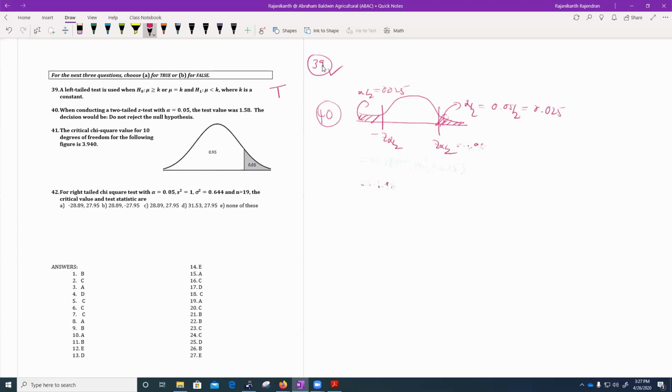Okay, so you are given a test value, of course. The test value is 1.58, right? So 1.58 will be somewhere here. So it is clear that the test value now falls in the non-critical region, the non-rejection region. Therefore, we do not reject H naught. Yes, this is the correct statement.